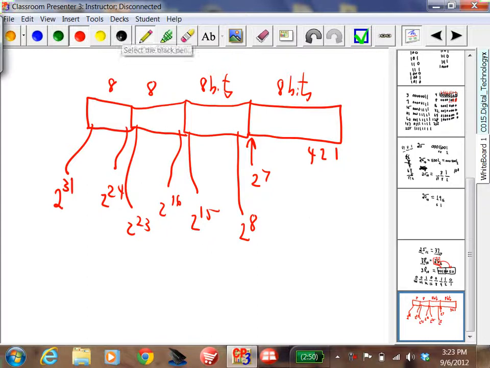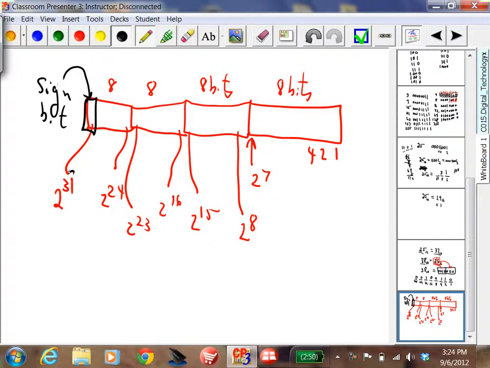So the first bit over here is usually a sign bit, and it's not 2 to the 31. A 0 means plus, and a 1 means minus.